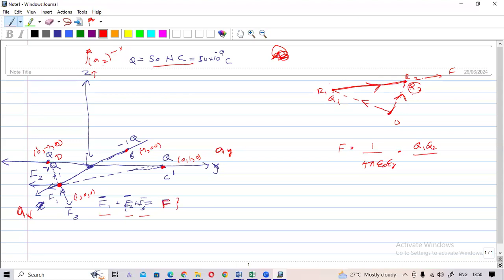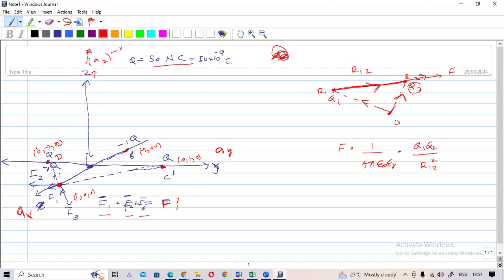Let's say that distance is R1 to this distance. This distance is R1. So you have to get R12 square. And there is a direction to this force.